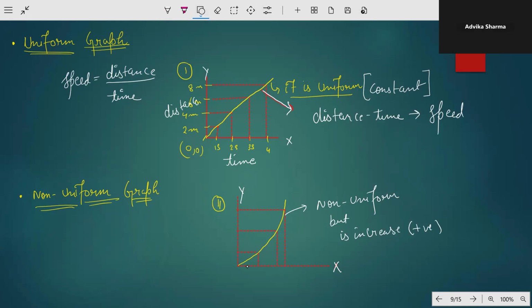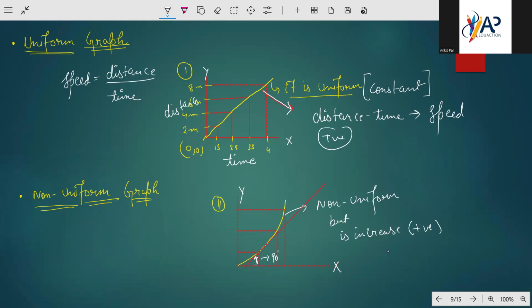Because if we draw a tangent, then we can see the angle between the tangent and the x-axis is less than 90. It means it is positive. This graph is also positive and this graph is also positive. So whether it is uniform or non-uniform, the graph can be positive or negative.